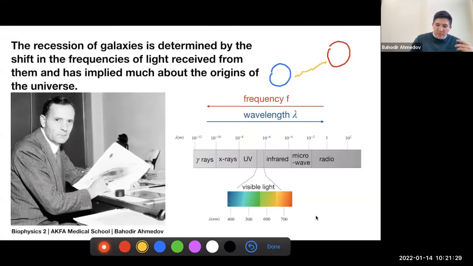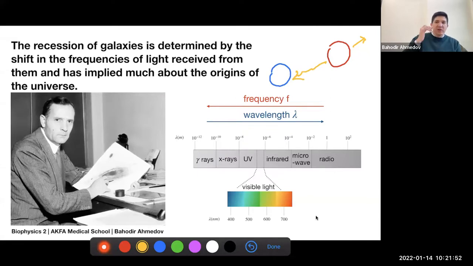Do you remember? If some object is moving away from the observer, then the frequency is going to decrease. That is why sometimes we call this red shifted, because, as you know, the red color has a lower frequency than the blue color. The blue color has a higher frequency.